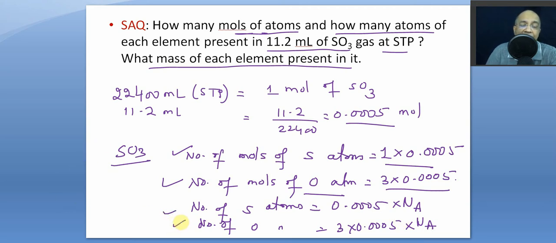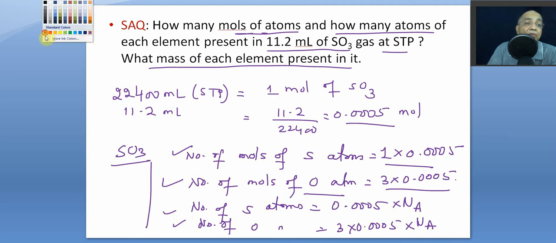Number of moles of atoms of each element. There are only 2 elements. And number of atoms of each element, and then mass of each element. So once we get the number of moles, immediately we can find the mass. Here, let me find out.